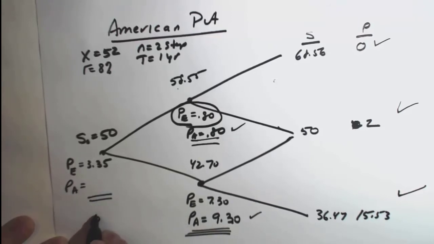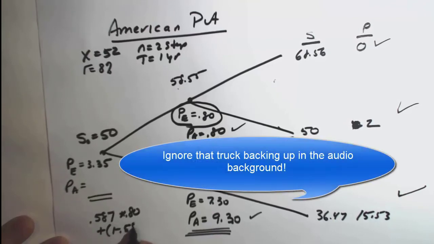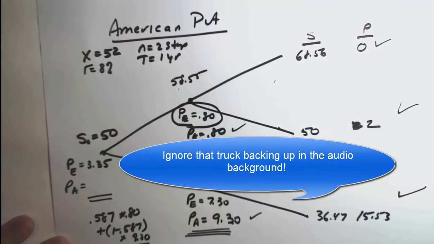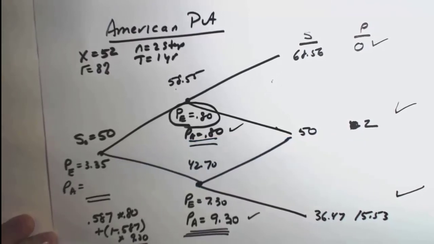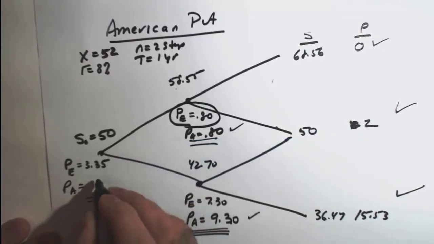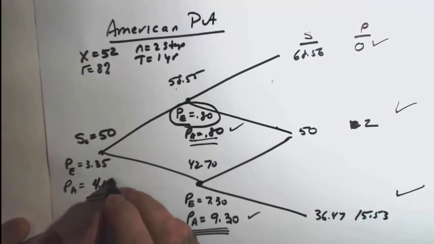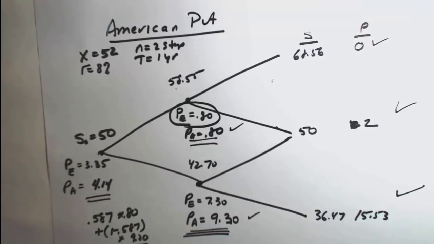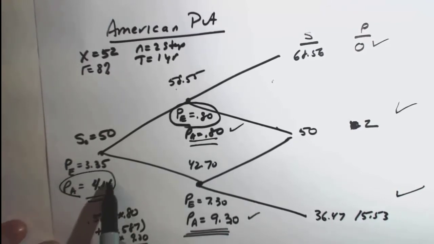So we take the 0.587 times 0.80, add 1 minus 0.587 times 9.30, discount it back one period at 0.082, and we end up with a put of $4.14. And there we have it. The American put is worth a little bit more than the European.